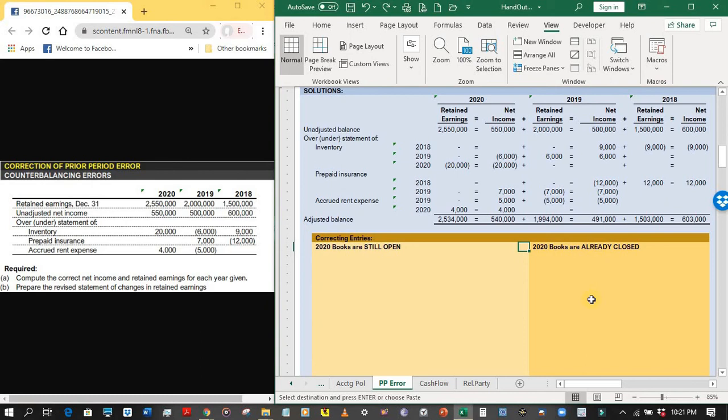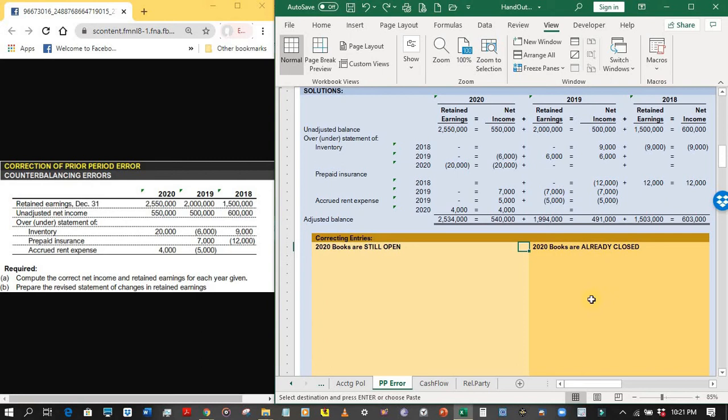Again, when we say the books are still open, it means the books are still open for adjustments to nominal accounts. It means that the nominal accounts are not yet closed to the retained earnings. However, if the books are already closed, the nominal accounts were already closed to the retained earnings.